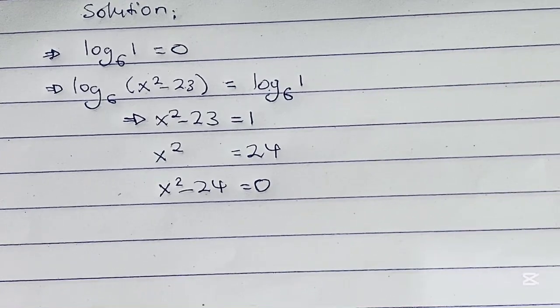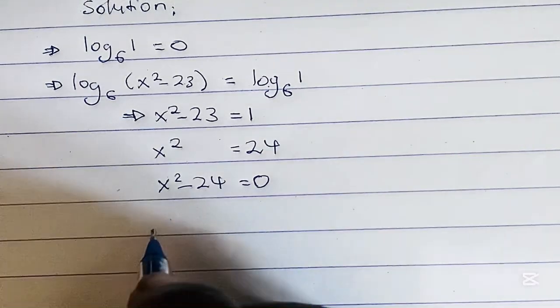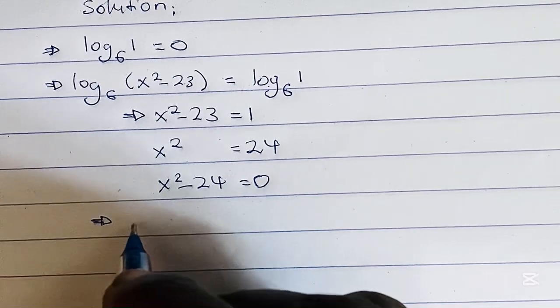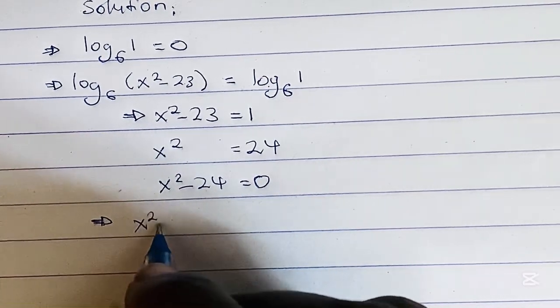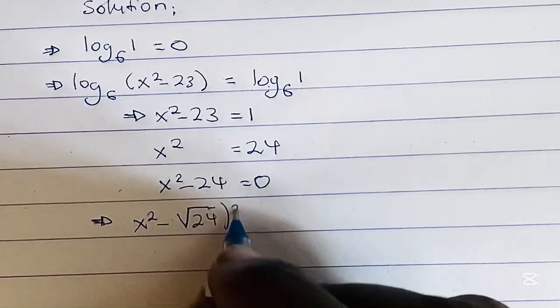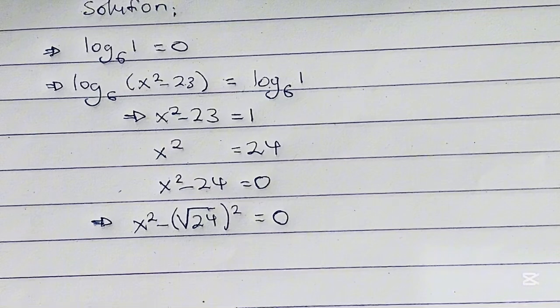So you realize x squared minus 24 can become a perfect square. So we can make this a perfect square. So it's going to become x squared minus square root of 24 squared is equal to 0.